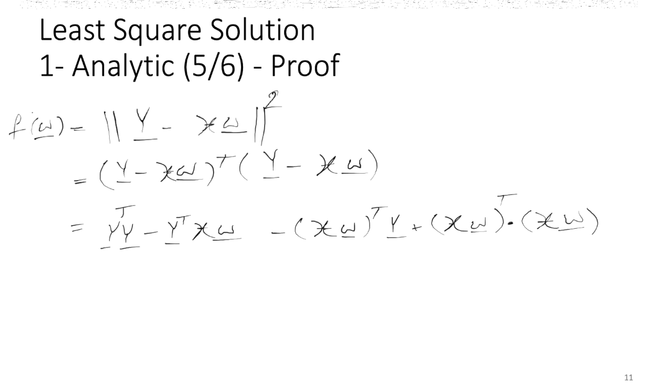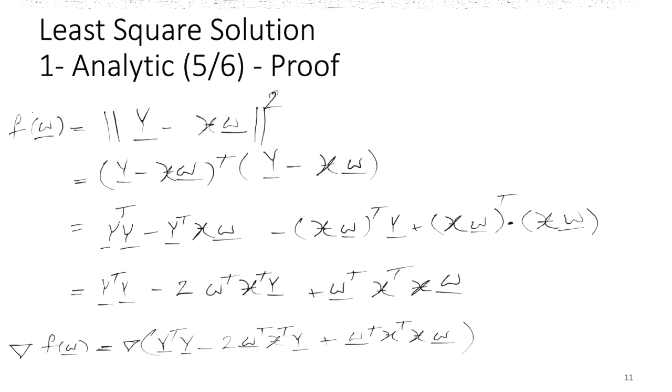And the product of these two, next, you're going to have two of these, and then you have wt, xt, xw, and finally, for your gradient f of w, you're going to have the gradient of all of them, and that's what we call v here in the previous slide.